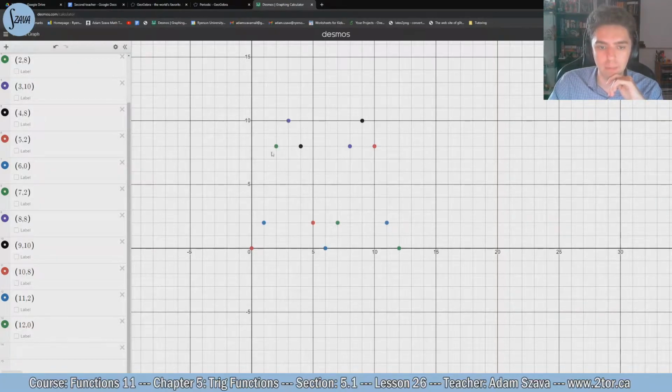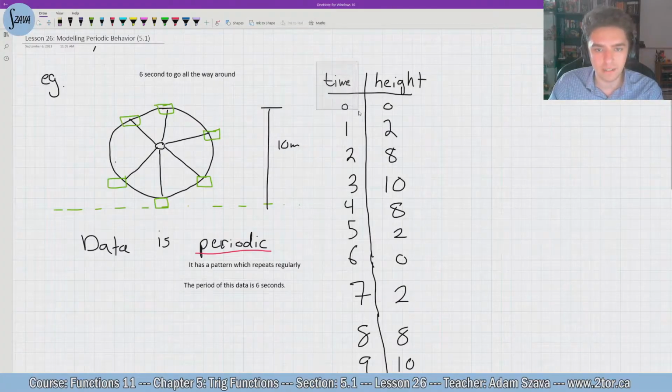That means you're repeating every certain number of steps. And we say that the period of a function, the period of a set of data, is how much time has to pass by, or how much of whatever the independent variable is measuring has to pass by, before it repeats itself.